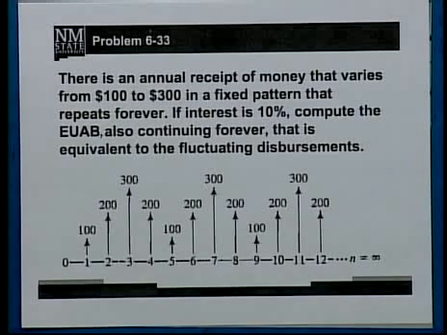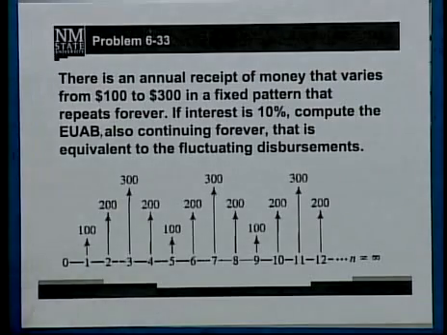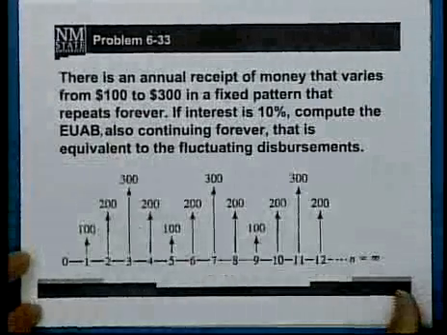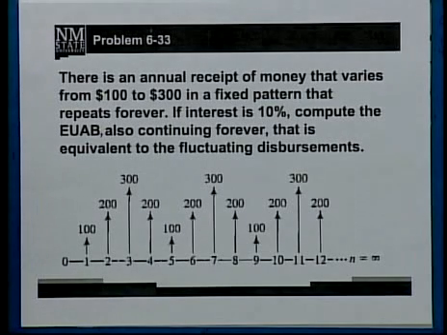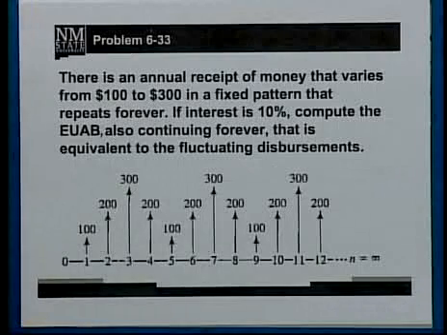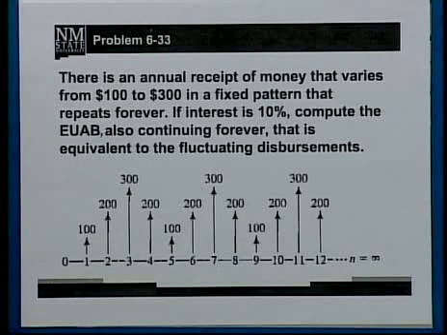There is an annual receipt of money that varies from $100 to $300 in a fixed pattern that repeats forever. If the interest rate is 10%, compute the equivalent uniform annual benefit, also continuing forever, that is equivalent to the fluctuating disbursements.